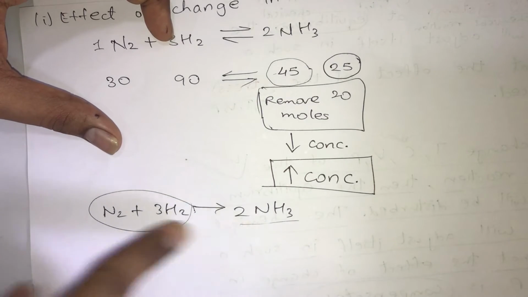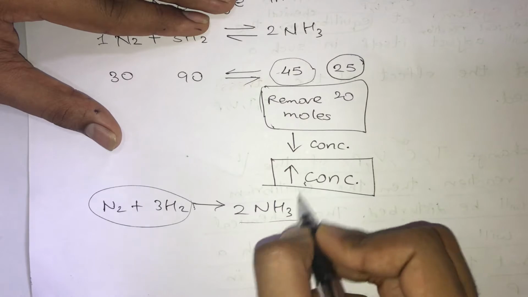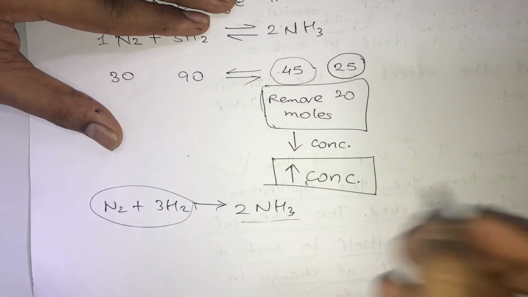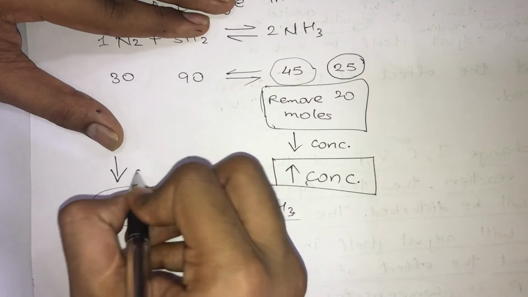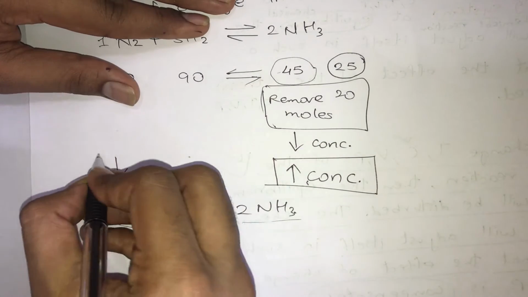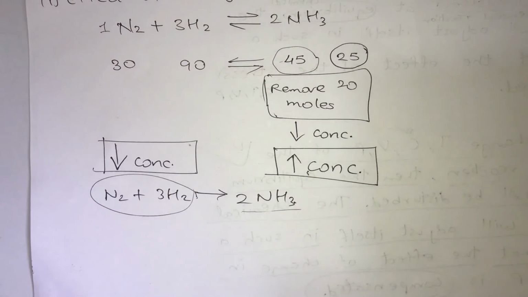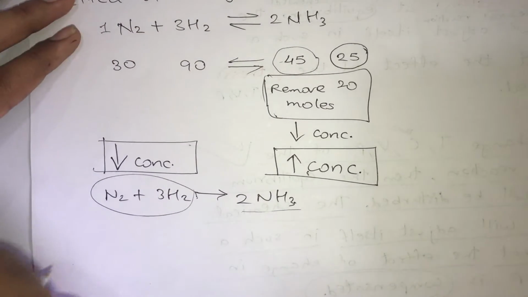So when the forward reaction is taking place, guys, can I say that the concentration of NH3 is increasing, but at the same time the concentration of N2 and 3H2 is decreasing. So it is obvious that as a manufacturer you will be happy. Why?